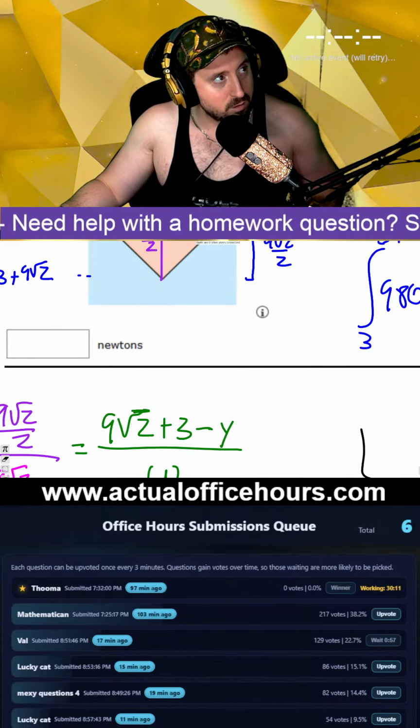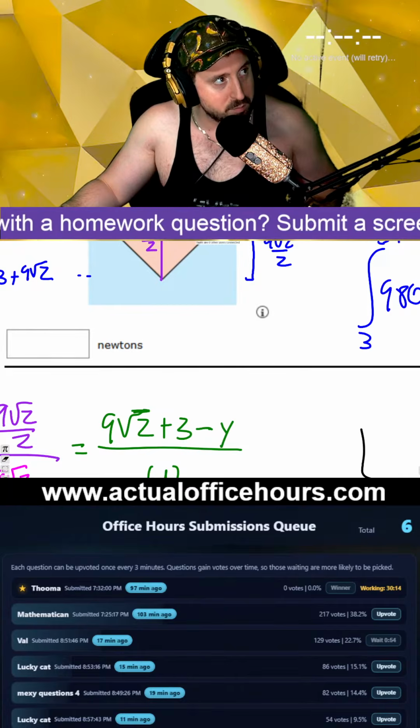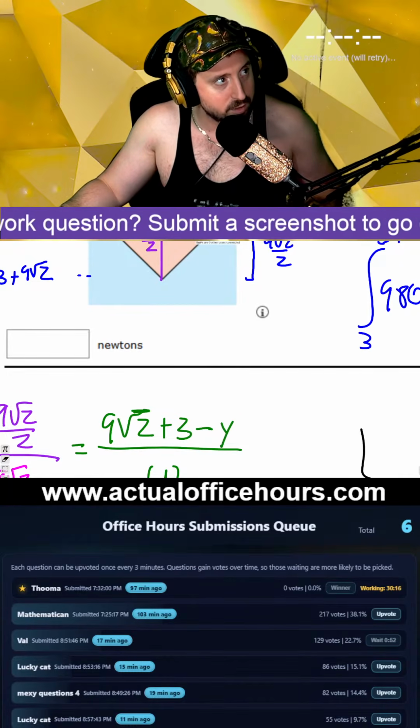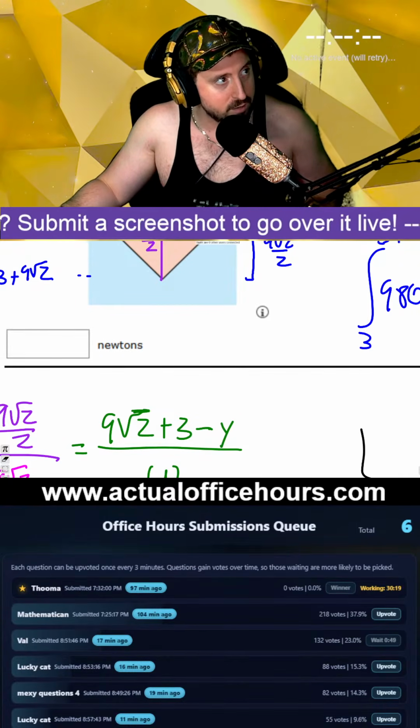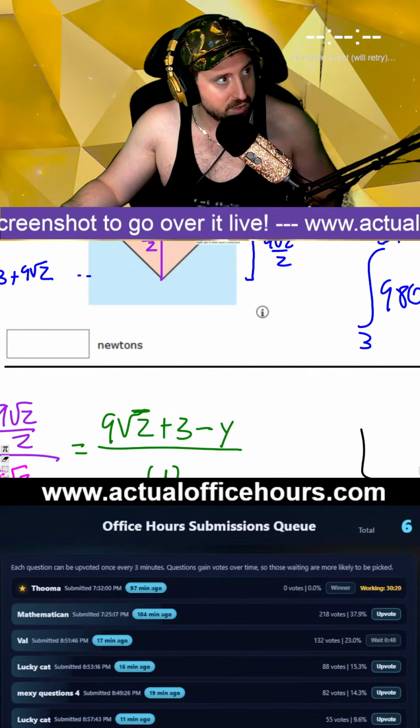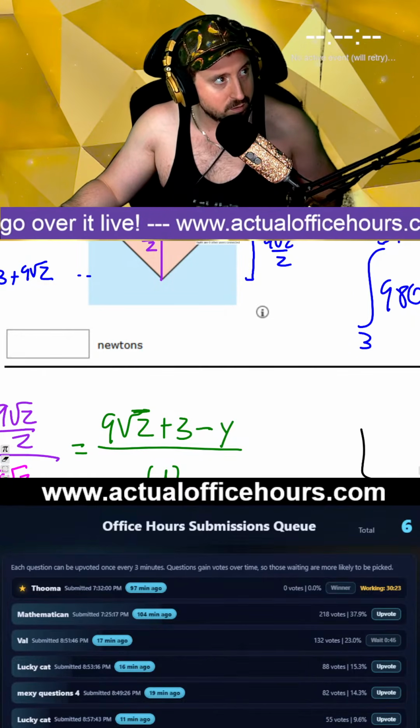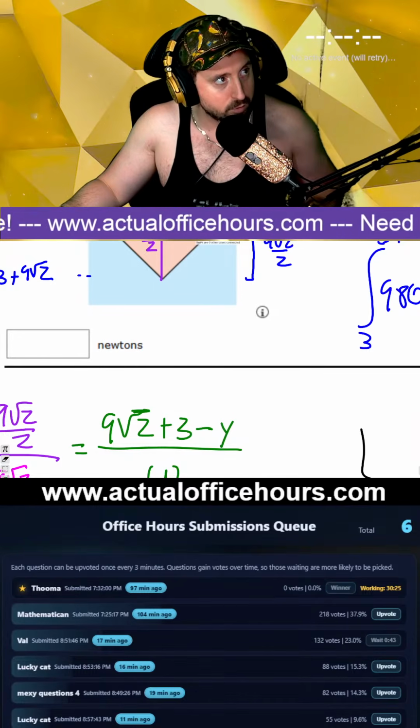They're not doing the integral. There's a simplification if you just take the centroid and multiply it by the depth, you also get the same answer. That should be 9 root 2 over 2, though.